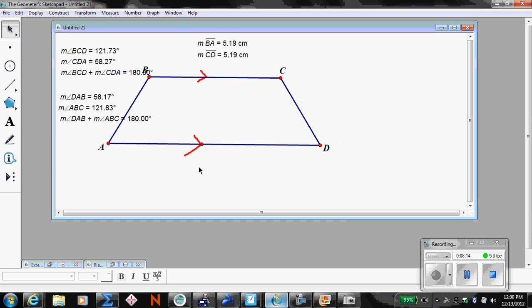And then when I do that, look at the measure of angle A and angle D. Because I did not construct it as isosceles, it's slightly off. Okay, but you can see where the base angles in an isosceles trapezoid will be congruent. A and D would be the base angles, and B and C would be the other pair of base angles. Okay?